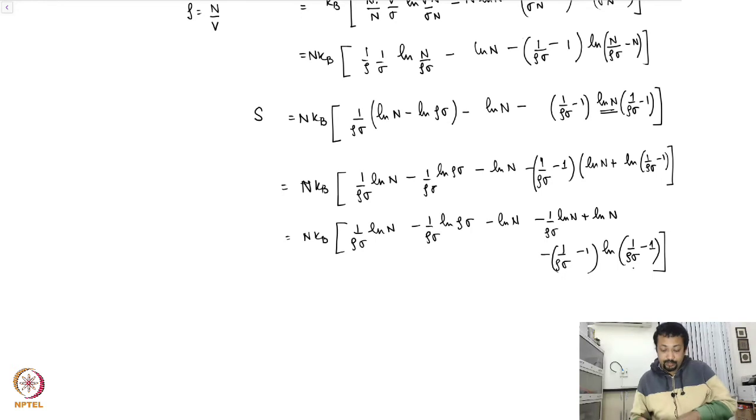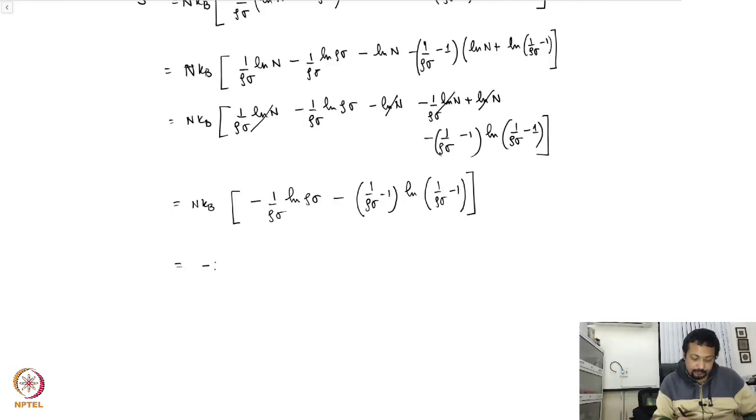Let's check whether we have done this correctly. Now this and this cancel out, this and this, so this is minus nKb 1 over rho sigma ln of rho sigma plus 1 over rho sigma minus 1, and I have ln of 1 over rho sigma minus 1.